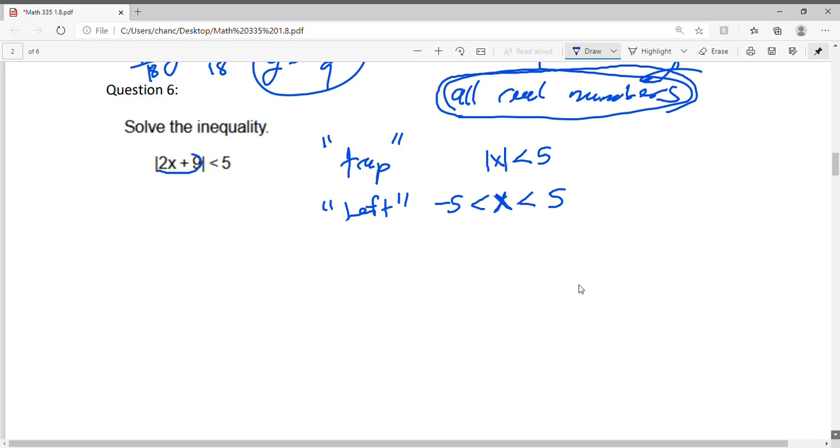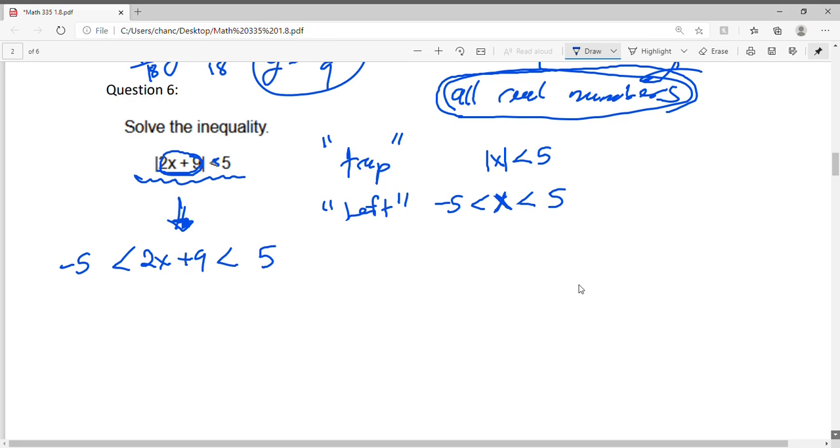So here, we're just going to have a more complicated equation, but we can still simplify it. We say 2x plus 9 is trapped between negative 5 and 5. Now I've translated this absolute value inequality to just an inequality without the absolute value symbol. So again, if it's pointing to the left, you just have to make it a trap.